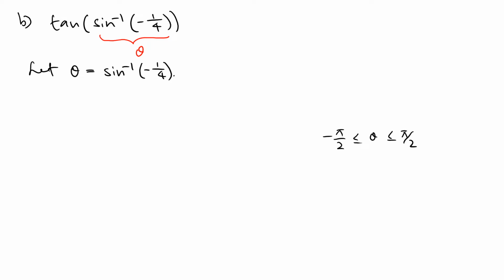So theta is in the fourth quadrant, because of the negative sign. So we can write sine theta equal negative 1/4.